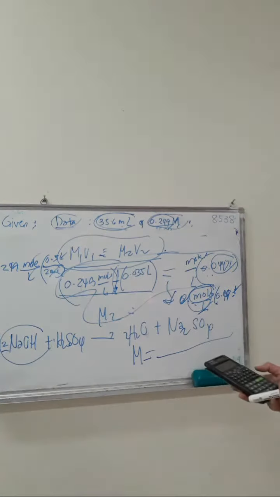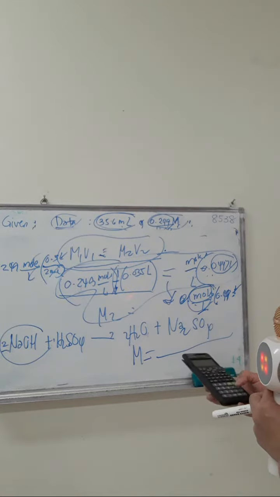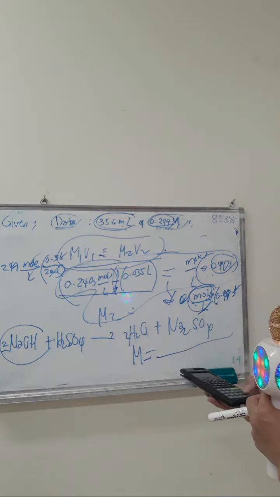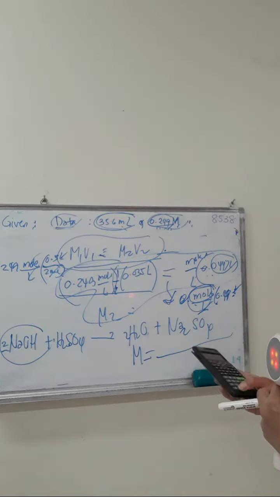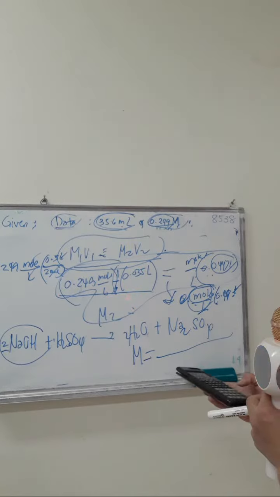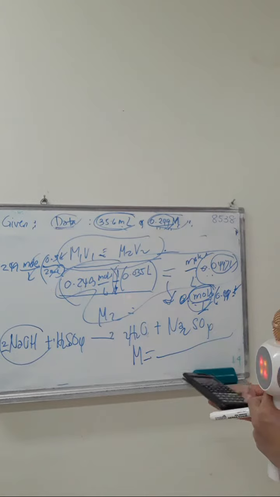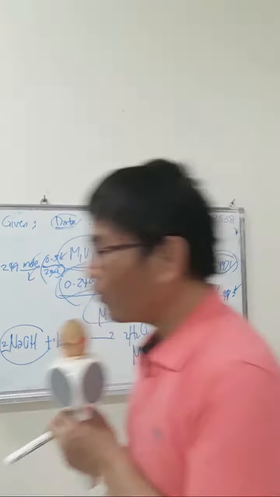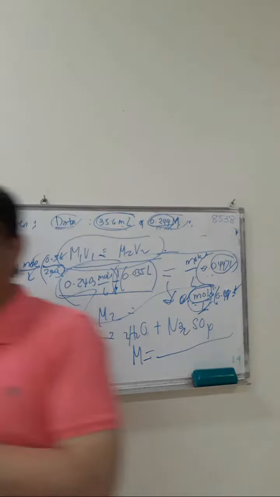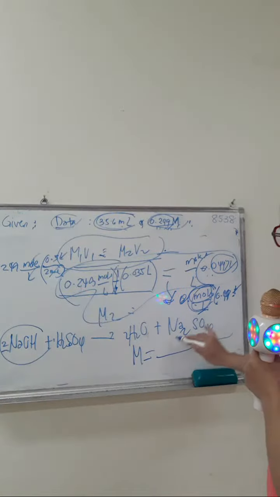So you divide it: 2 times 0.0447 is equal to, and 0.249 times 0.0356 divided by 0.894 is equal to 0.09 moles per liter, our answer.